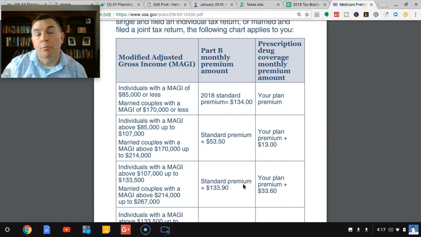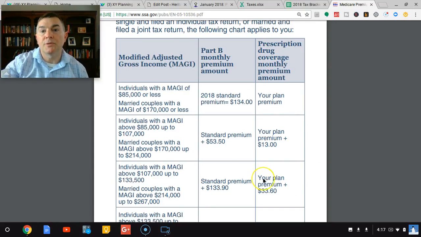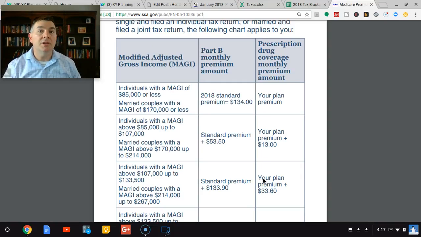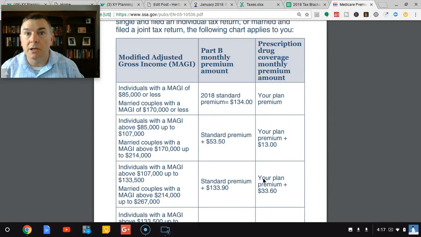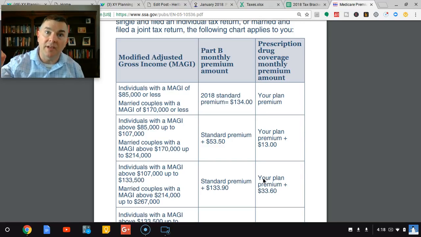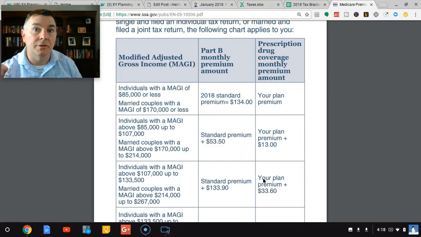So her premiums on Medicare Part B have gone up by 100%. Her prescription Part D has gone up by $33, not quite a doubling, but pretty doggone close. So because of those RMDs, she has now another $170 a month reduced from Medicare Part B and Medicare Part D. She's in a higher tax bracket on top of that because she's a single taxpayer.